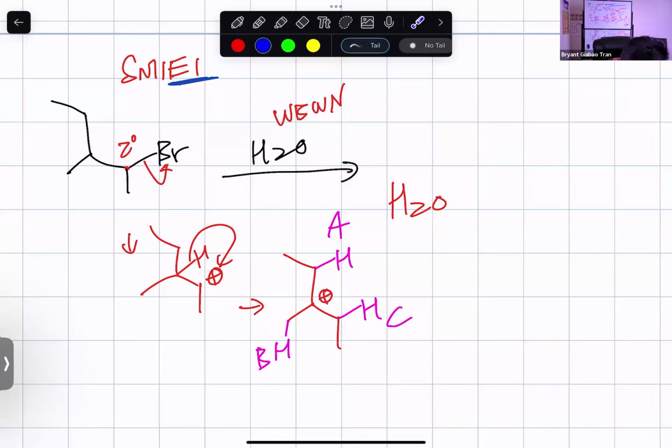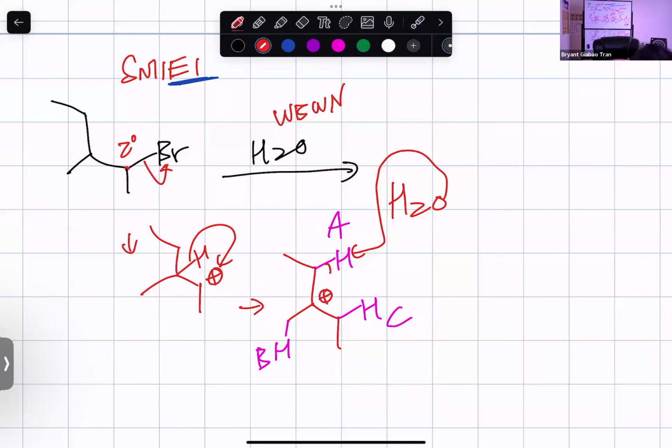So we're going to deprotonate that beta hydrogen. And we're not going to make a double bond here, because that's going to break the octet rule. There's no carbocation there. But we are going to make a double bond here, which will fulfill the octet rule.